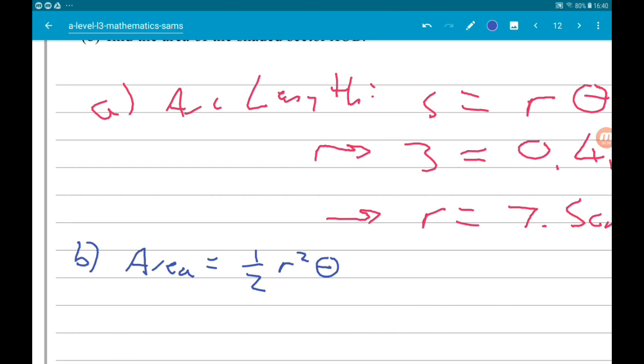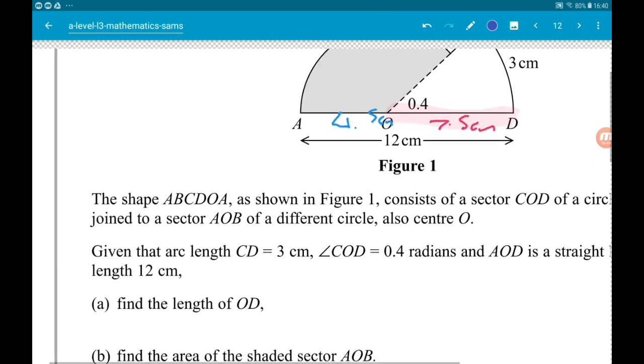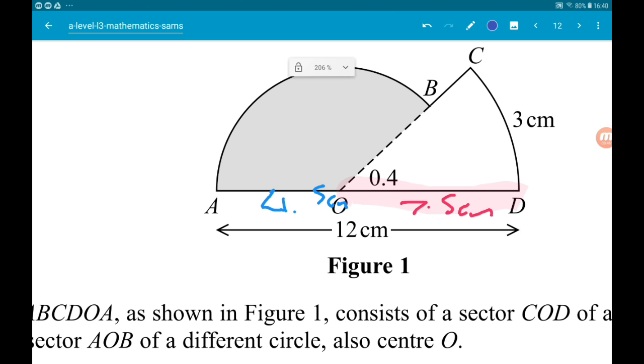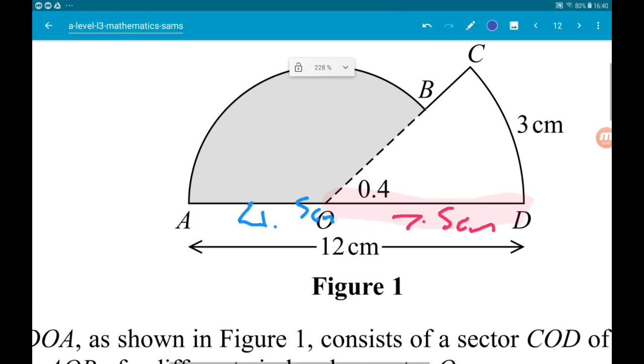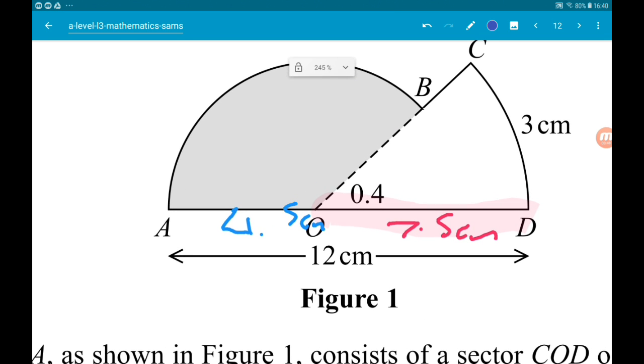So, for us, we know R is now 4.5. We know that AOD is a straight line, so the two angles in the centre have to add up to pi.